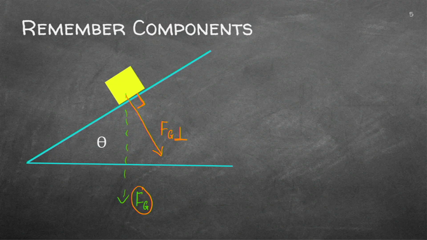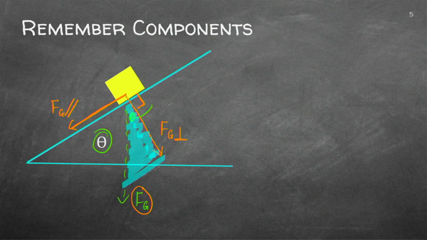And then, and this is very important, you also find the force of the gravity that's parallel to the slope. Remember, these two actually form a triangle. Let us quickly have a look. You had a triangle there, and these were the forces. And in this triangle, you had an angle, and that angle there would be exactly the same as this angle there. It's just a little bit of revision.